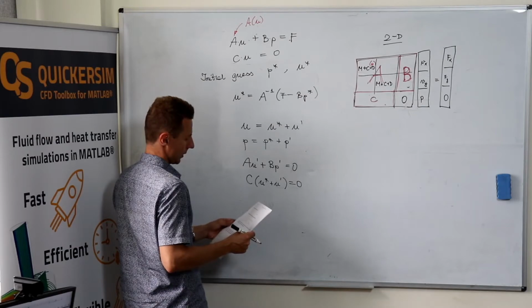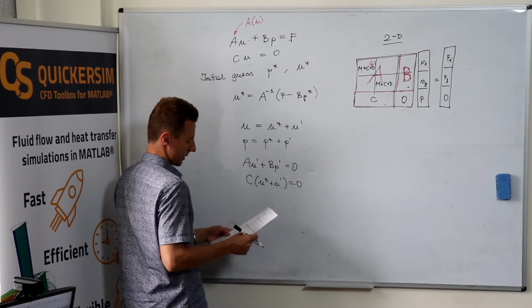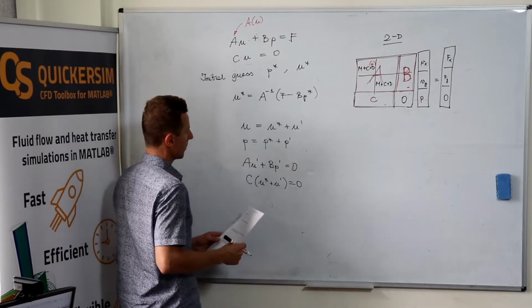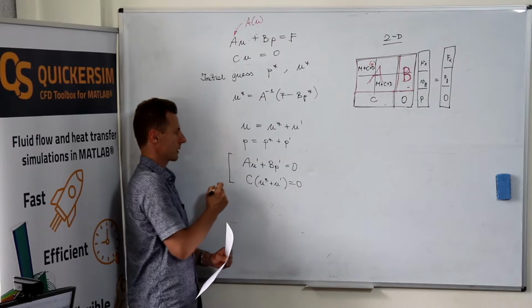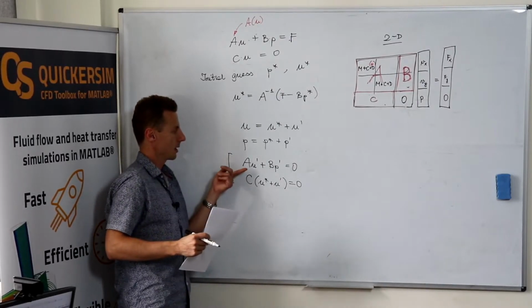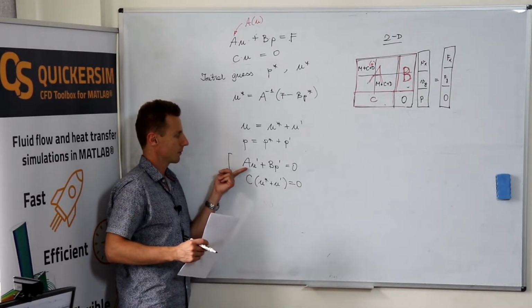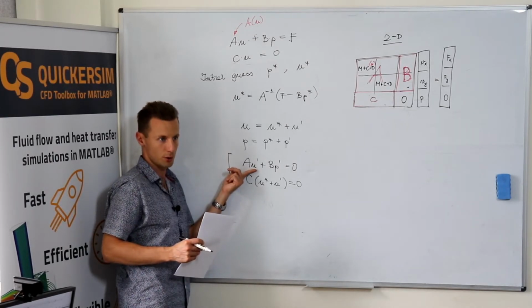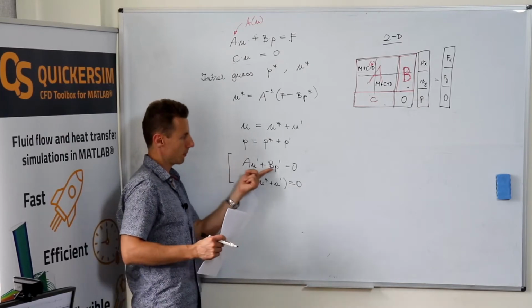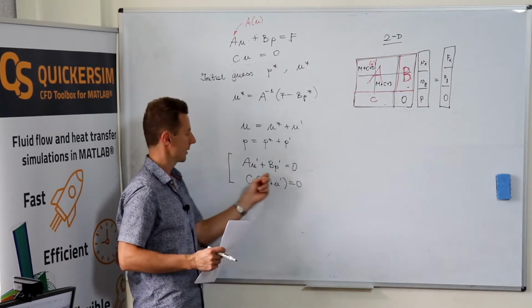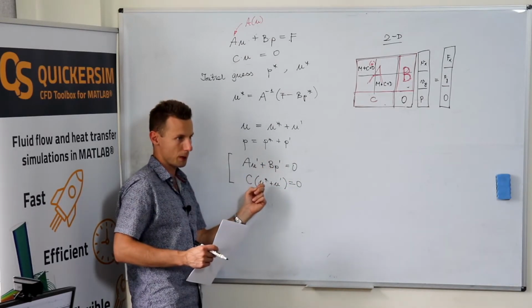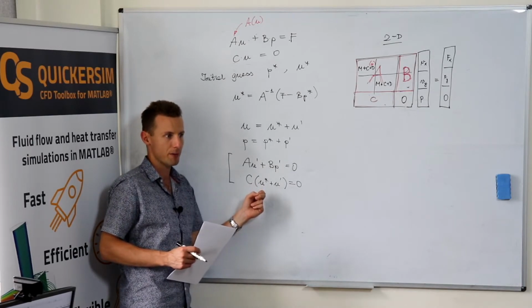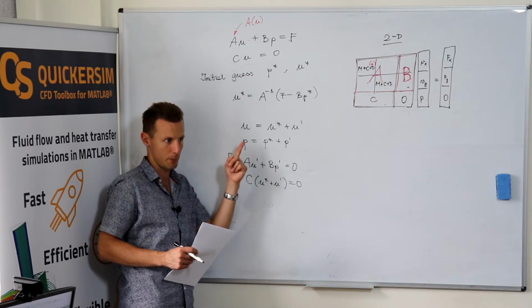Right now we are making the most important approximation of the SIMPLE scheme. If we use this equation to solve for the correction of U, by moving this one to the right-hand side and multiplying by the inverse of A, and then plugged it in here, we would end up with the same problem that we had a moment ago.